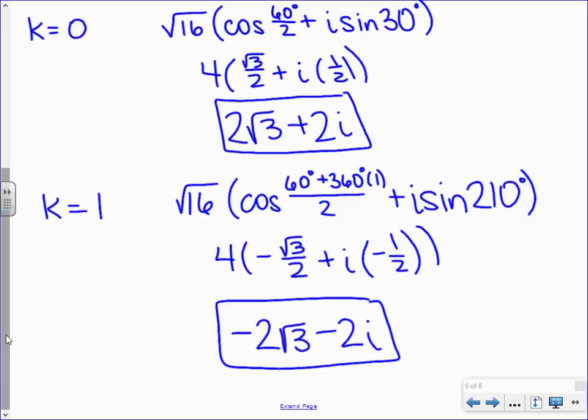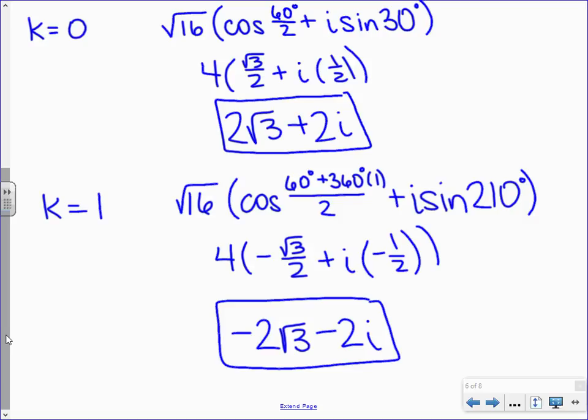You will notice that since we're talking about square roots, our 2 square roots are 180 degrees apart. That does happen. Okay. If we were talking about 4th roots, they'd be all 90 degrees apart. Okay.